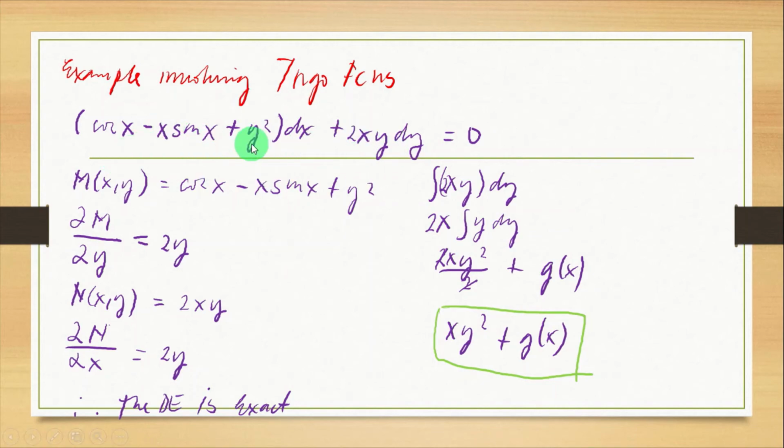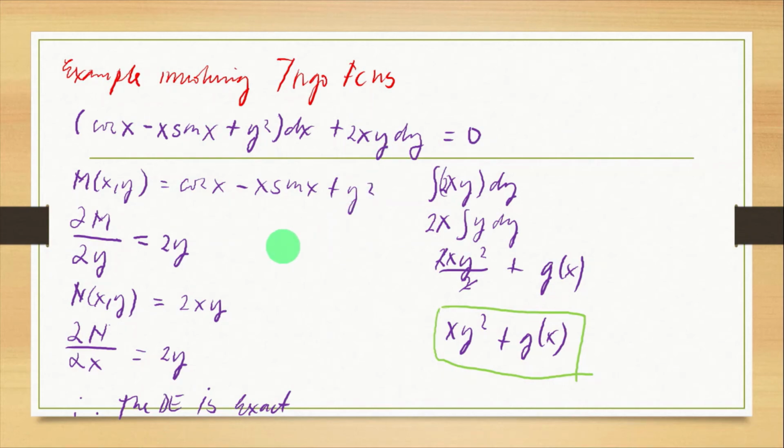Using the first method, you need to consider your m of x and y as your starting function. But in the second method, you are considering your n of x and y as your starting point. So in this case, you can see that m of x and y is more complex than your n of x and y. So we need to start with n of x and y. And of course, in doing that, we need to apply the second method.